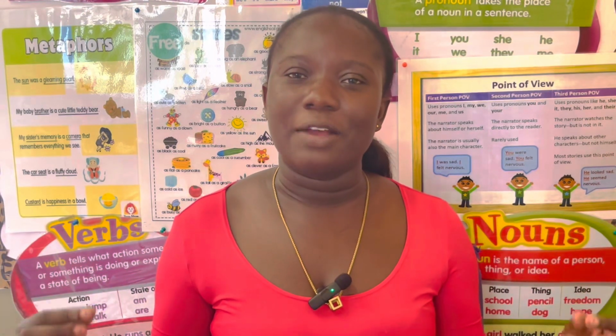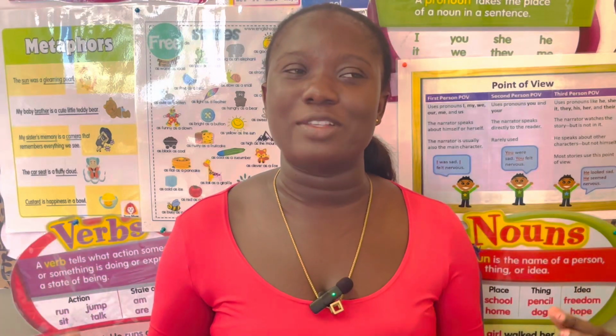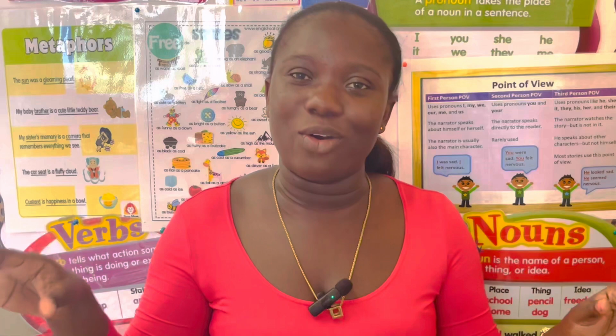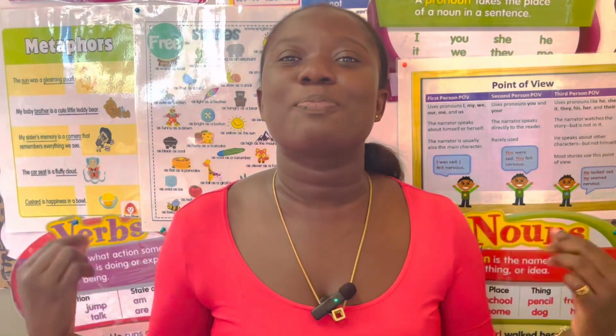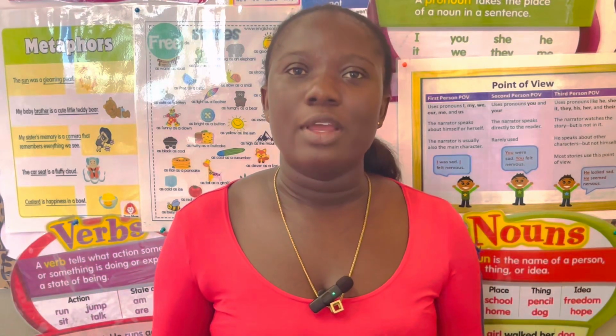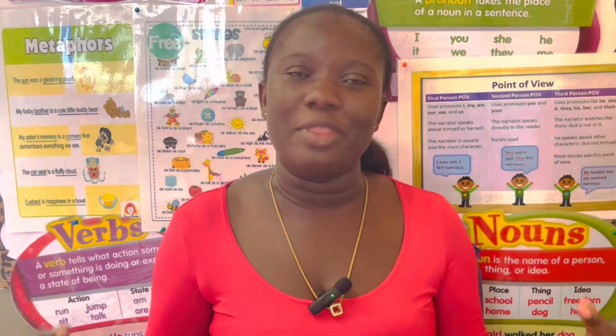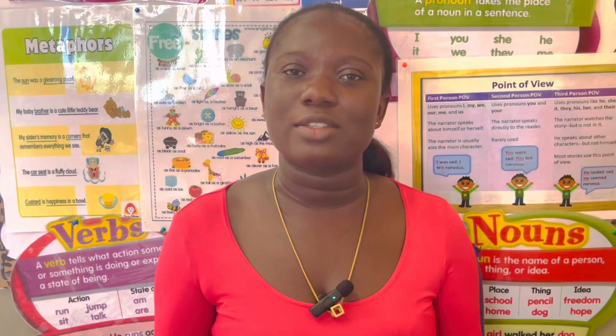So after stating the point, give example to support your point. Then the other E that I said as in egg or elephant means explain your example. Explain the example given to also match up the point and the example as well.